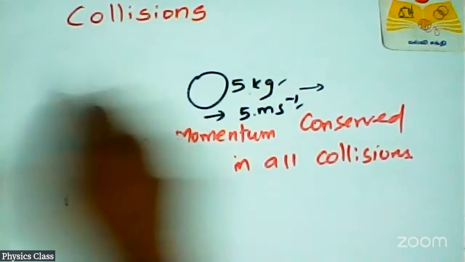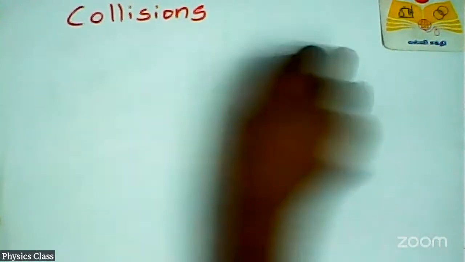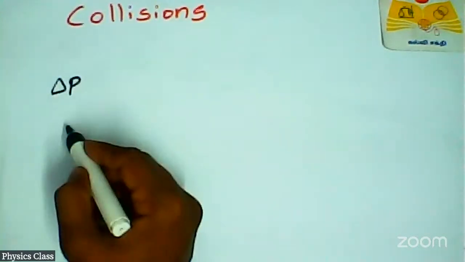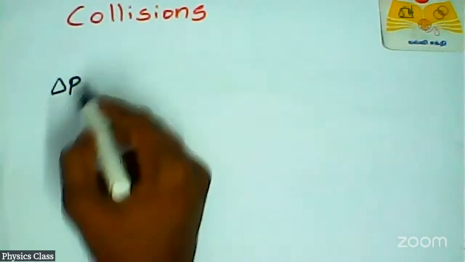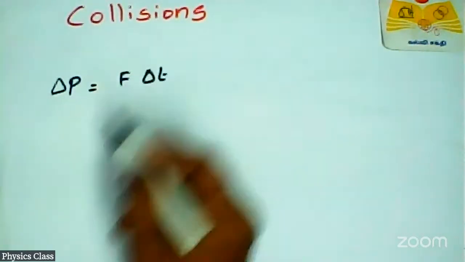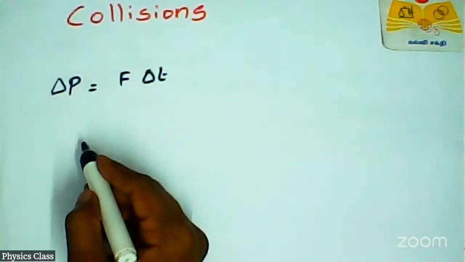Why is linear momentum conserved in every process? Because, as I already told you, there is an impulsive force between the two objects. We have another formula for momentum: del p is equal to f into del t.